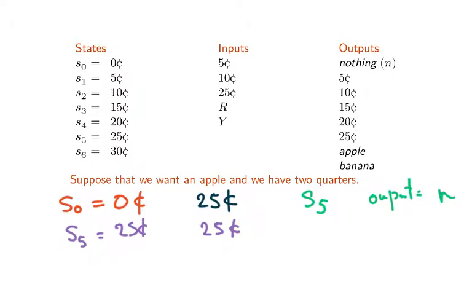So to what state do we pass now? Think for a moment: we have 25 in the machine, we put another 25, we're going to have 50, right? But this machine returns the excess immediately. I mean, it never gets to 50. The maximum it can get is 30. So that means that our next state is going to be the one that had the 30 cents in it. It is going to be S6.